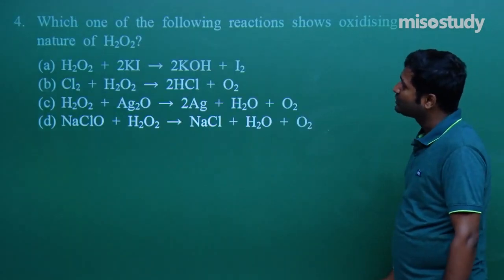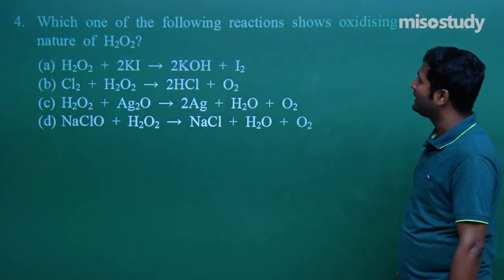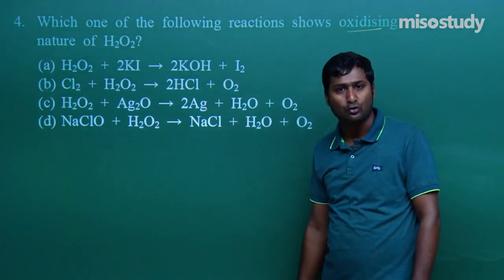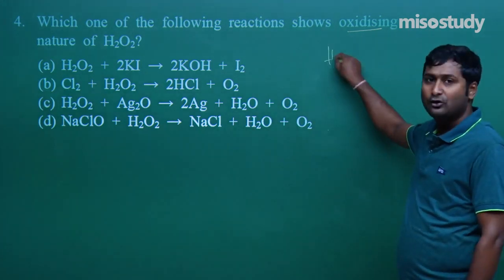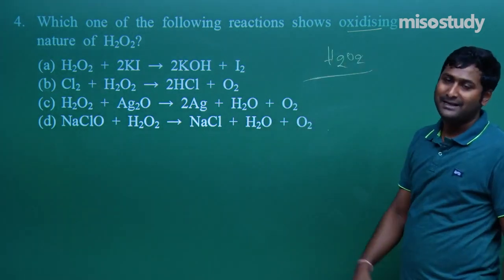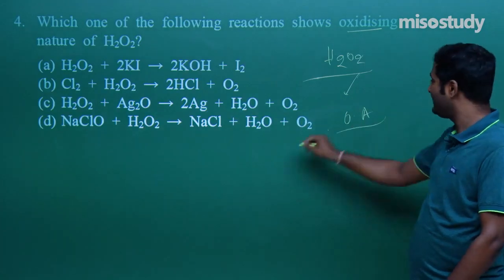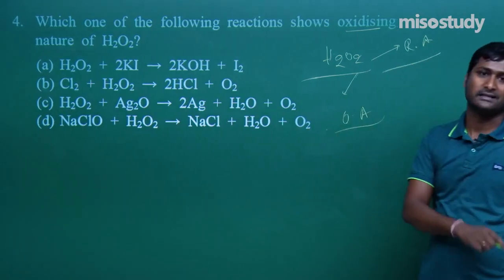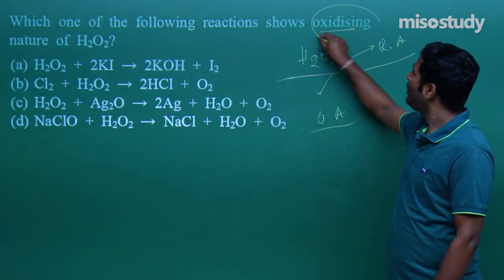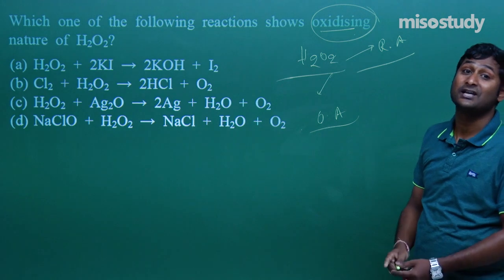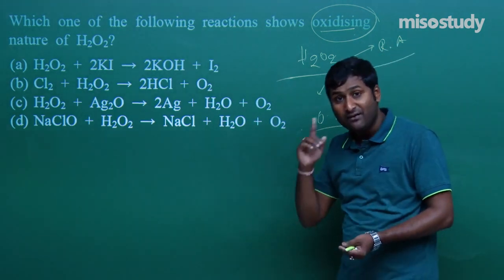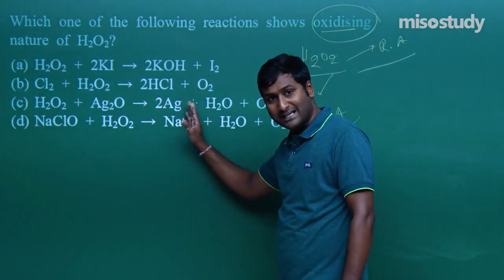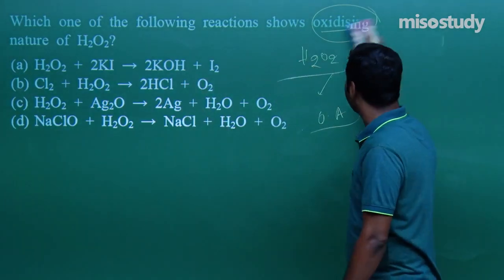Now the next question is, which of the following reactions shows the oxidizing nature of H2O2? We know if I talk about H2O2, it will behave as an oxidizing agent, and it also behaves as a reducing agent. Now the case which shows the oxidizing nature, that means if there is a decrement in oxidation state, then we can say it is an oxidizing nature.